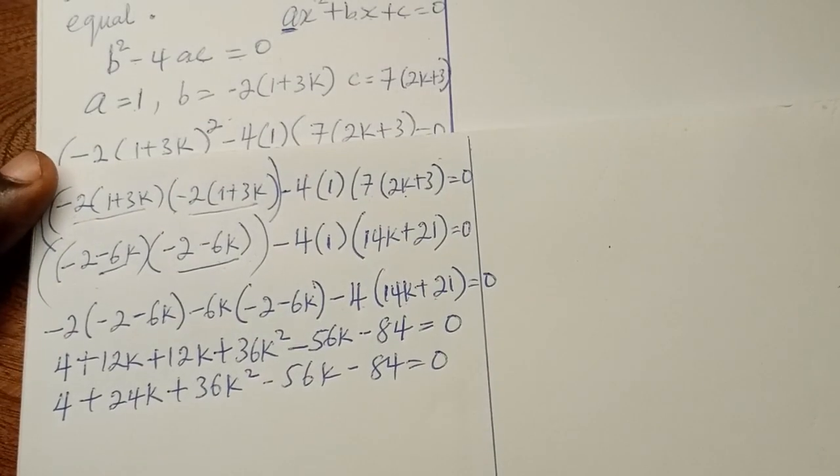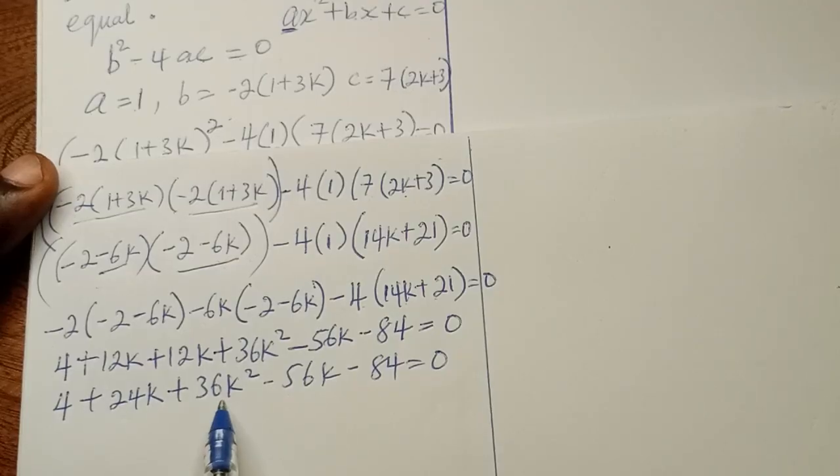So let's try to look at something here. We have minus 56k and 24k. Like terms, let's try to add these two. Minus 56k plus 24k is going to give us minus 32k.